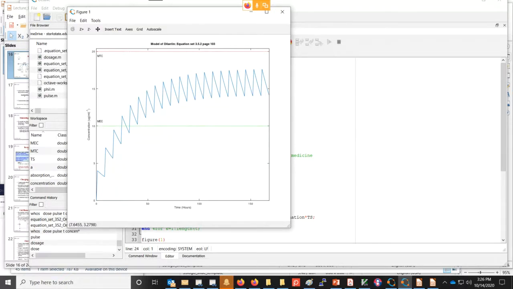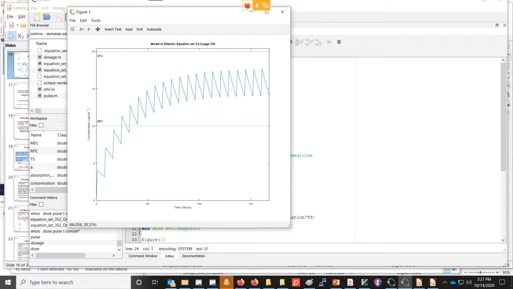So now we're down to this bit right down here. And then we get another spike of 12,000 micrograms. And so it jumps up, but then it drops back down. And then it jumps up and drops back down again. And then at this point, it's above the minimum effective concentration, MEC, right? And it stays above that. So I keep that amount of drug in my body, but I'm not going above the maximum amount.